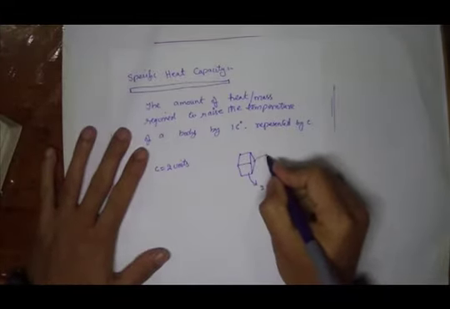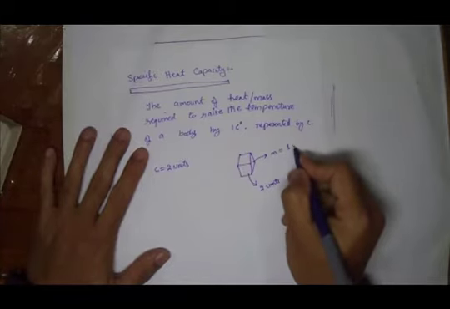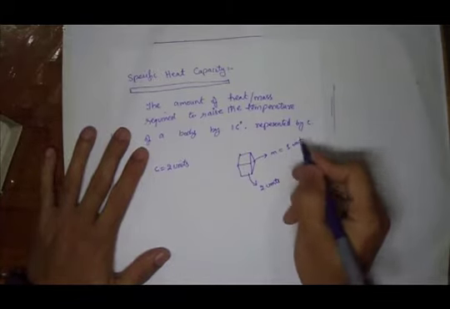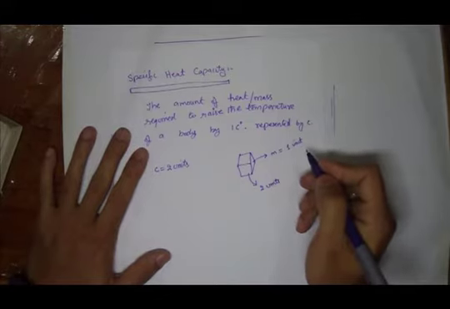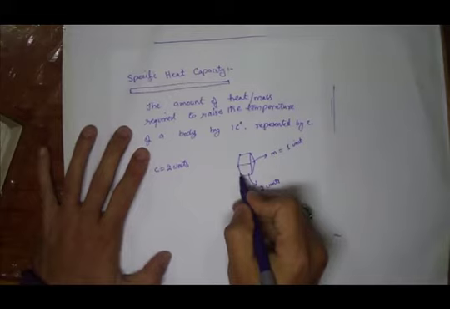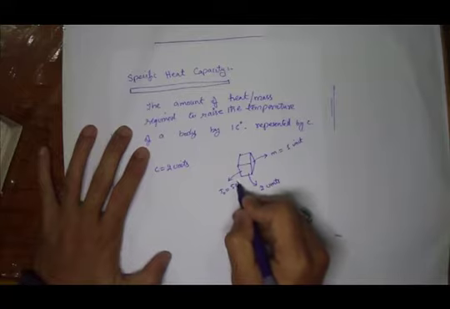Assume the mass of this object is 1 unit. If the initial temperature of this body is 5 degrees centigrade.